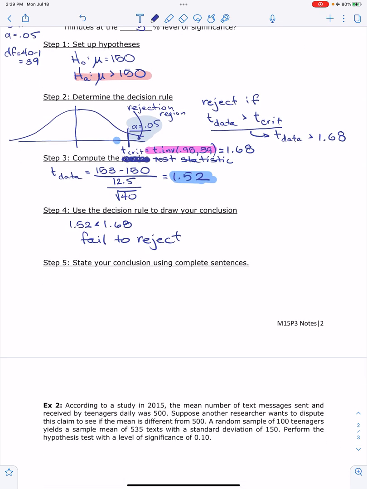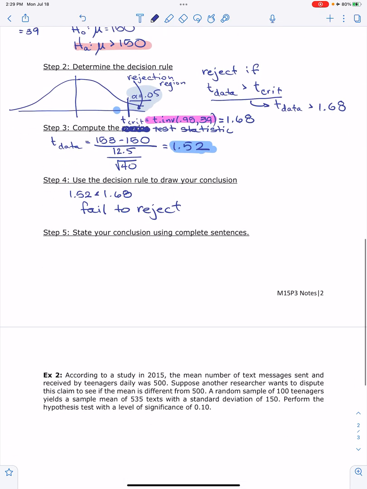So we are going to state our conclusion the same way we did for proportions. Here we do not reject H naught.